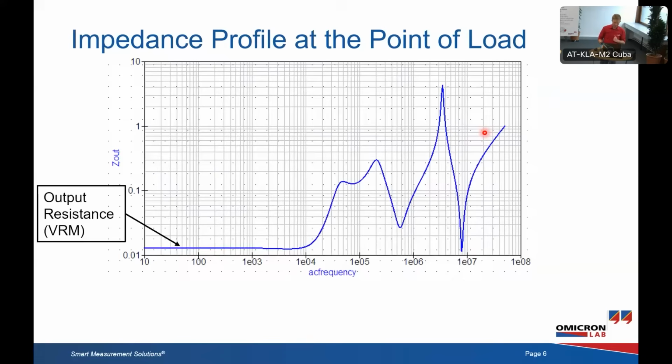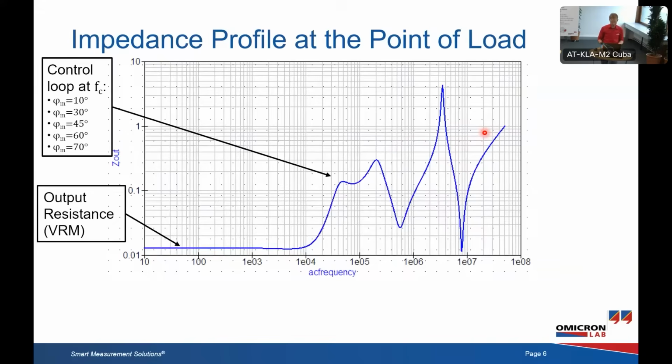At the low frequency, we have the output impedance or output resistance of the voltage regulator module that will depend on the loop gain, or on where the sense line is, or on the resistance of the traces.